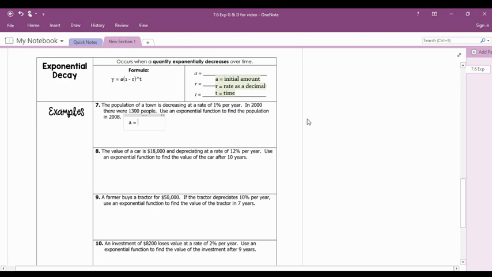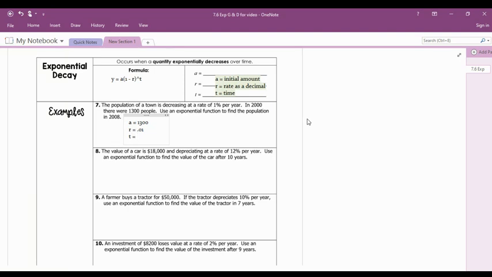The initial population here is not 2,000, that is a year. It was 1,300 people, so you have to make sure you distinguish. So 1,300 people was the initial amount. The rate that they are decreasing is 1%, so we're changing that to 0.01.